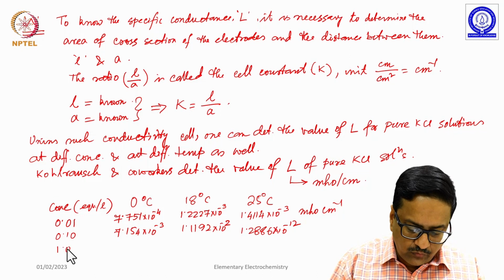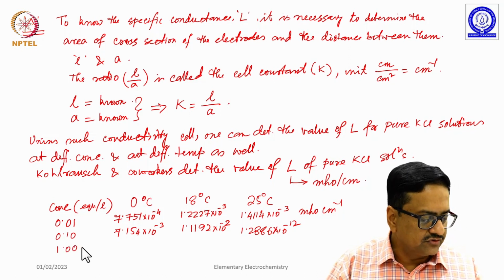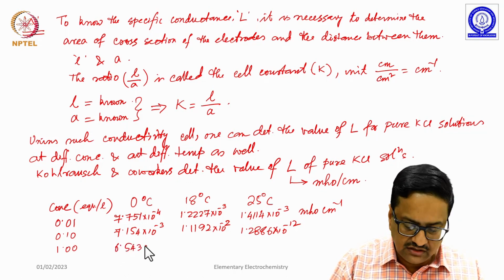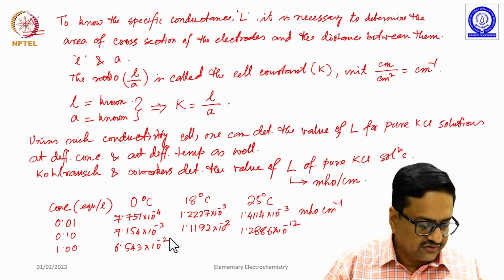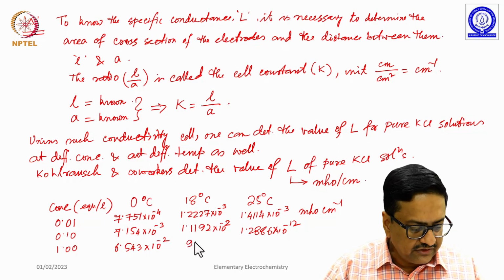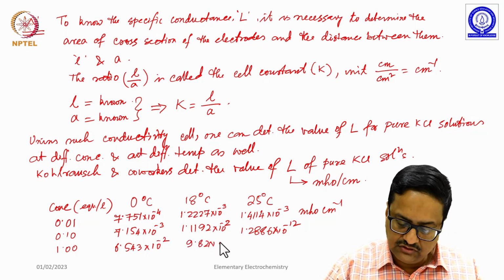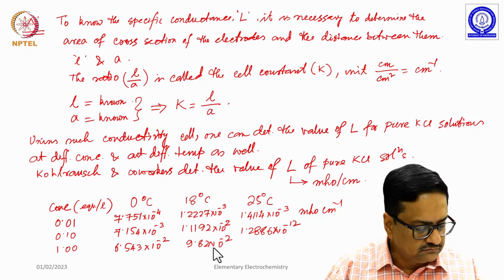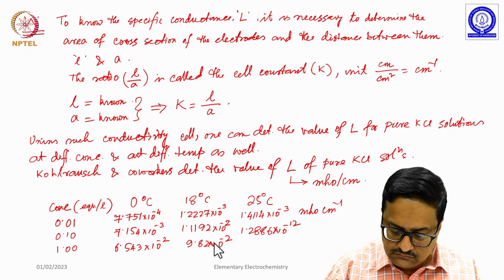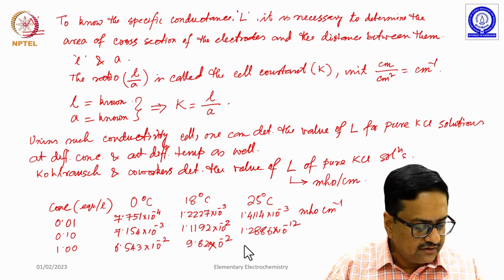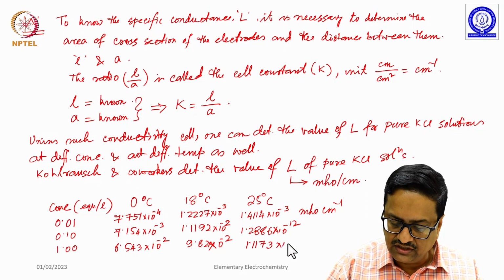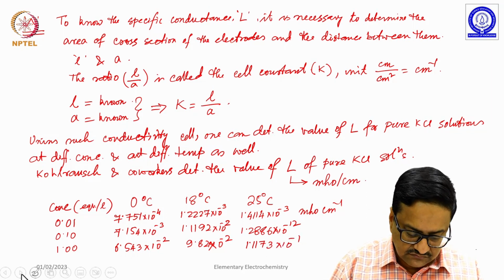and then at 1 equivalent, that is suppose 1 normal, 6.543 into 10 to the power minus 2, 9.82 into 10 to the power minus 2, and this is 1.1173 into 10 to the power minus 1.